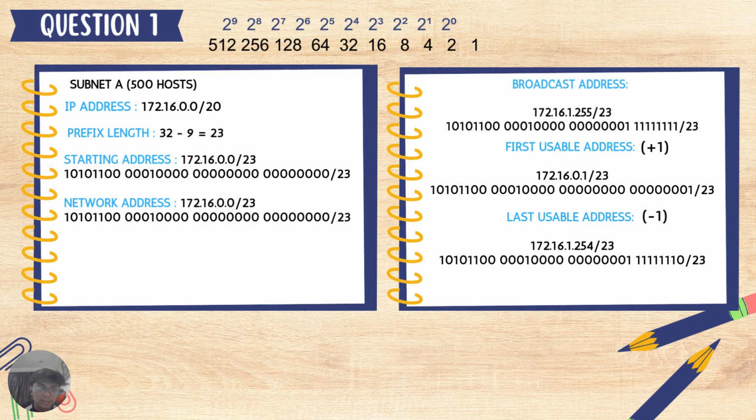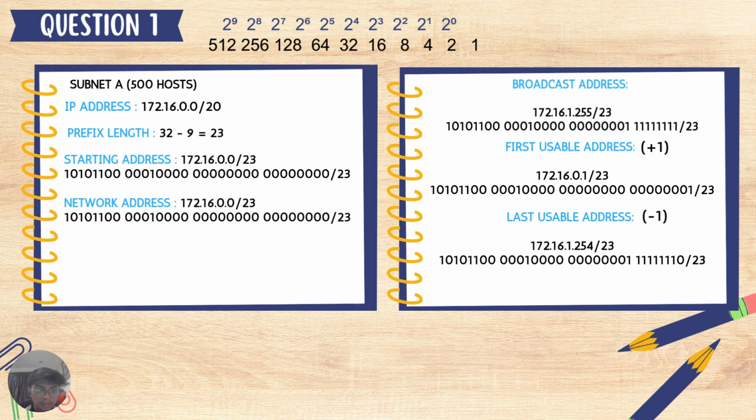So 32 minus 9 equals 23. The prefix length is 23. Next is the starting address. For the starting address, we use 172.16.0.0/23. The 23 is what we got from the prefix length that we found earlier.